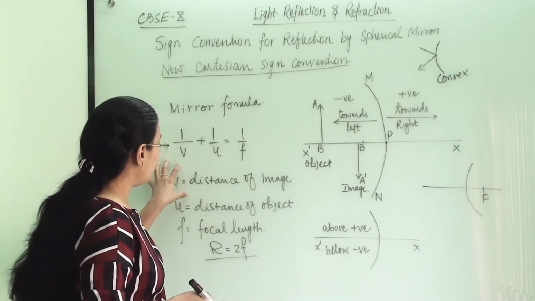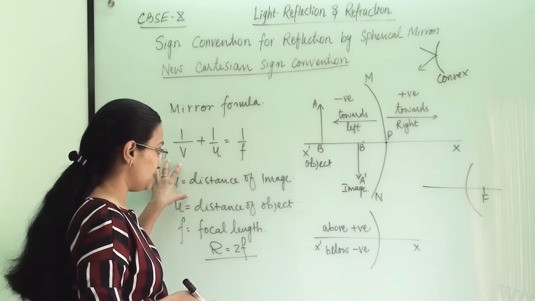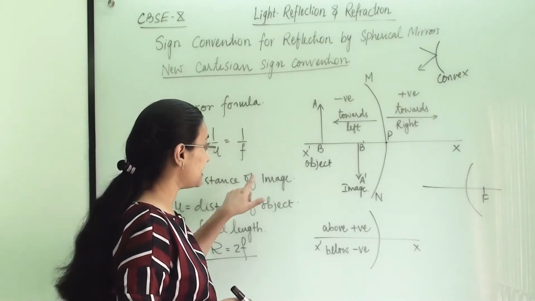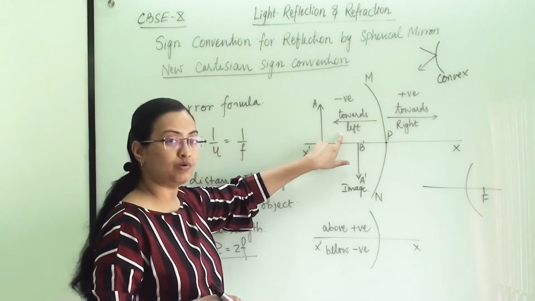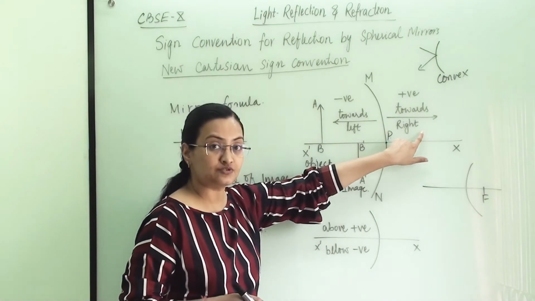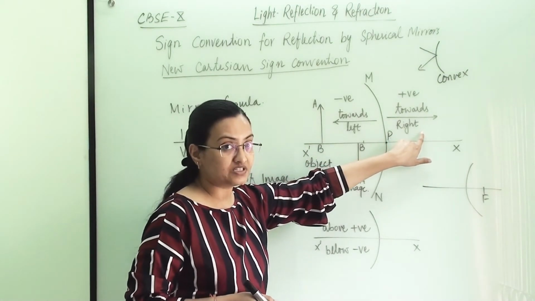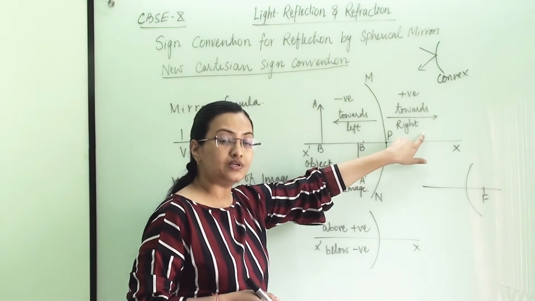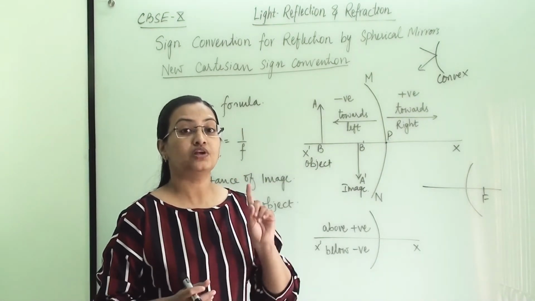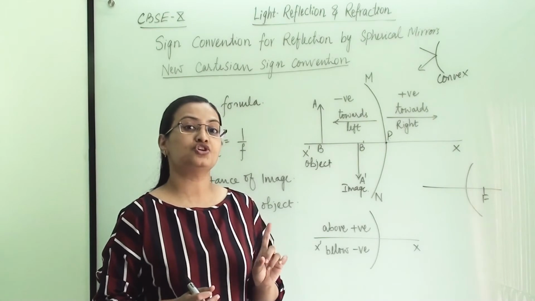Now, whenever we get the distance of the image, if V is negative, that means the image is towards the left side. If V is positive, then the image will be towards the right-hand side. From the mirror formula we get only one thing, and that is the position of the image.